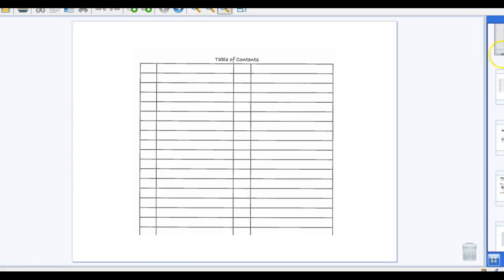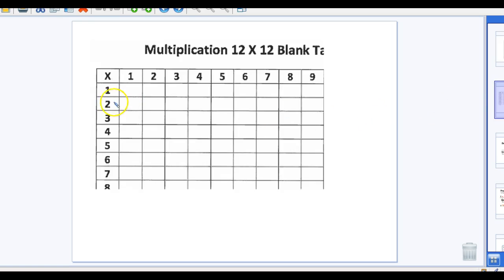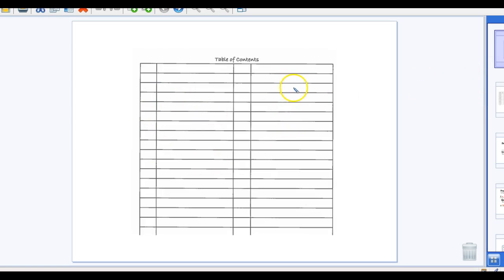This is what we're going to be starting out with today, just going over how to take notes. You all have a spiral notebook and you've been given this table of contents and a multiplication chart, and you're going to be cutting this out so that it fits and gluing this table of contents into the inside of the notebook that you were given today.